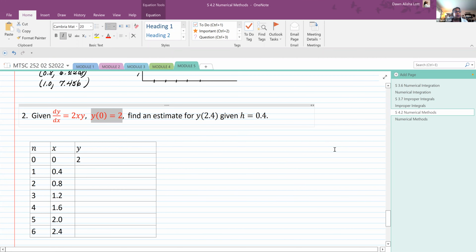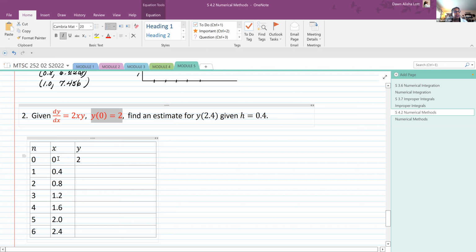Okay, so here's the table. We're going by 0.4, so we have 0, 0.4, 0.8, 1.2, 1.6, 2.0, 2.4. All of these are our x's that we're going to evaluate. n tells us which step we're at.